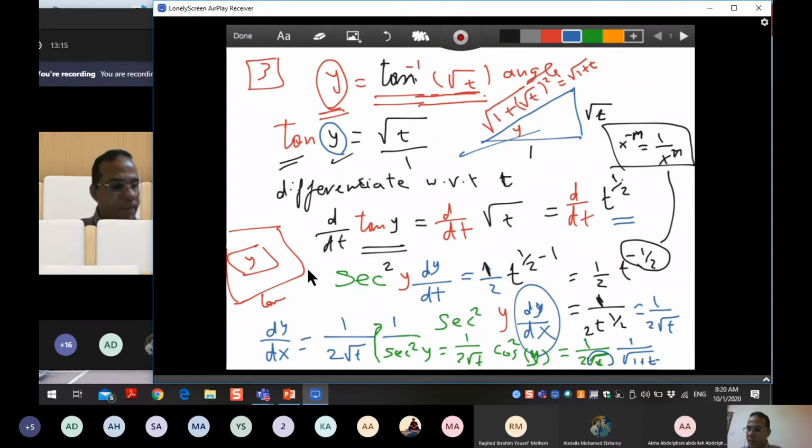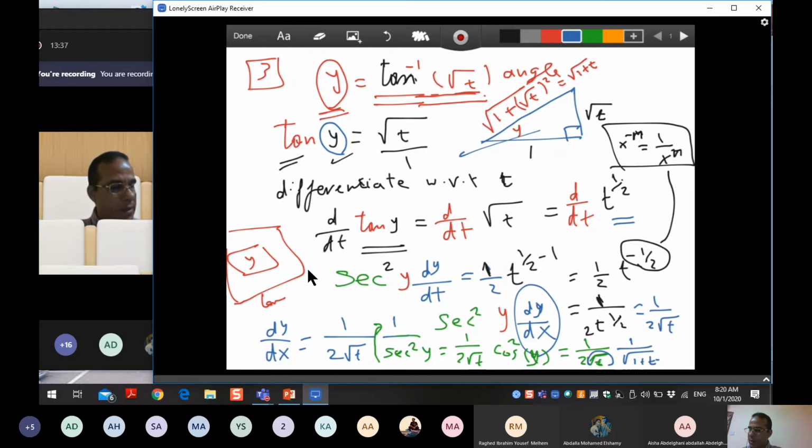So I have the right triangle here and differentiate both sides, because I know the derivative of tan, but I'm looking for tan inverse. The derivative of tan is sec squared y, and y is a function of t, so I have to multiply by dy by dt.